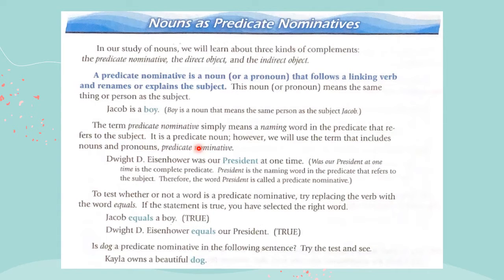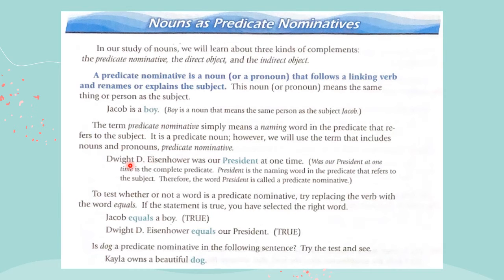It is a predicate noun because the word boy is a noun. However, we will use the term that includes nouns and pronouns, predicate nominative. So predicate noun is a predicate nominative, but we don't say the word predicate pronoun. So we use the term predicate nominative to talk about predicate nouns and pronouns.